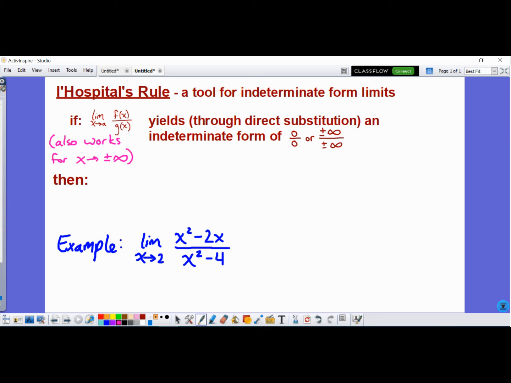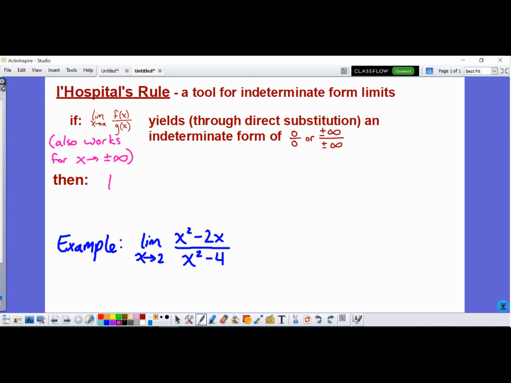Okay. This is where you can use it: if you have a limit where direct substitution gives you one of these indeterminate forms, 0 over 0 or infinity over infinity, or any combination of positive or negative infinity over positive or negative infinity. In those cases, you can use L'Hopital's rule, and here's what it says.